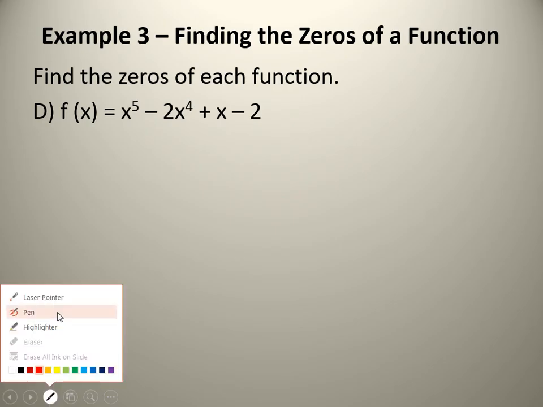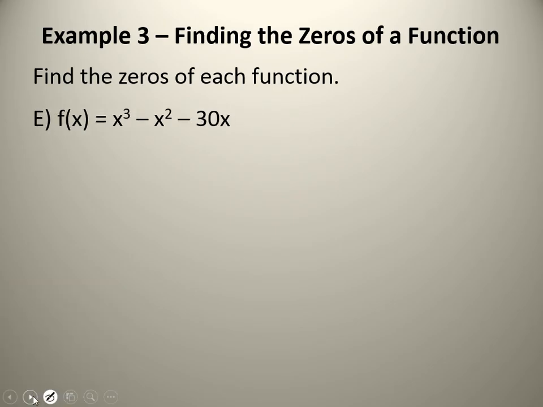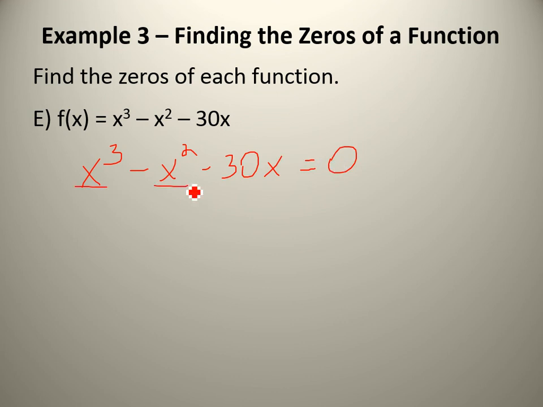Going to the last part of this, and this is x cubed minus x squared minus 30x equals 0. Hopefully you notice here that each one of these terms has an x. So let me factor that out first.